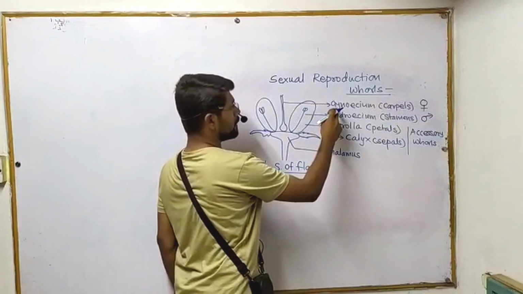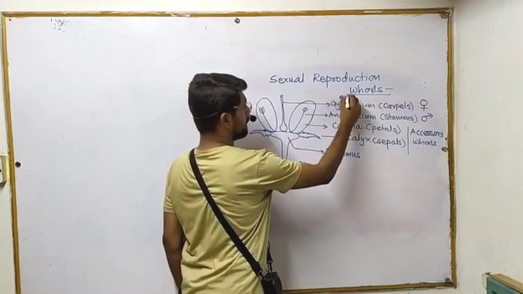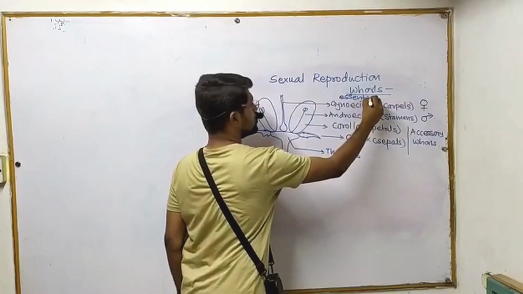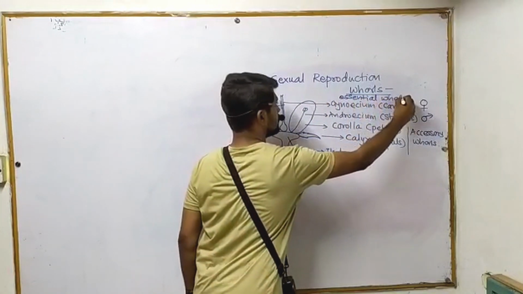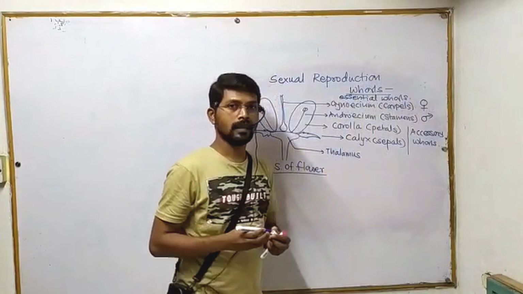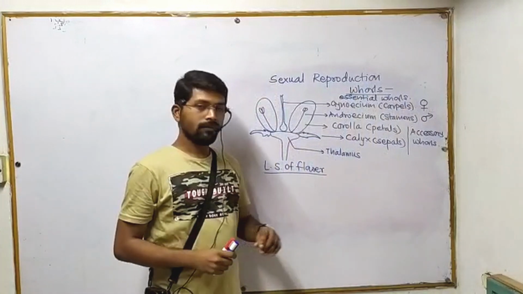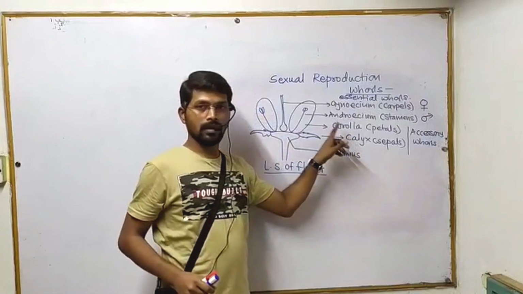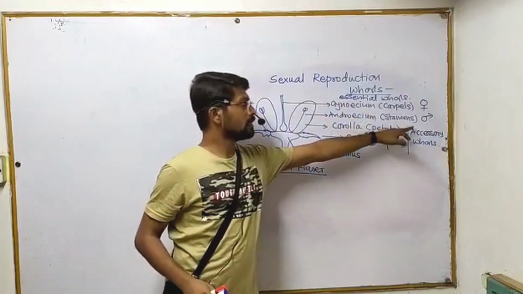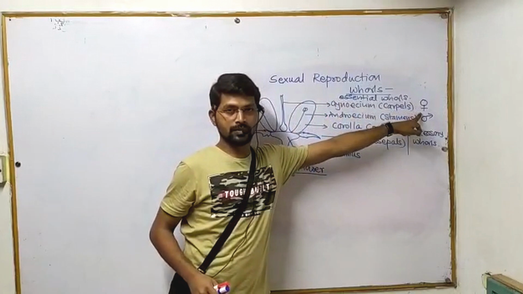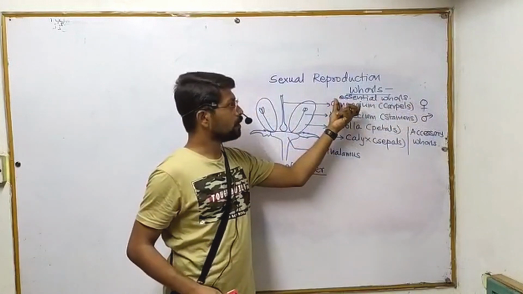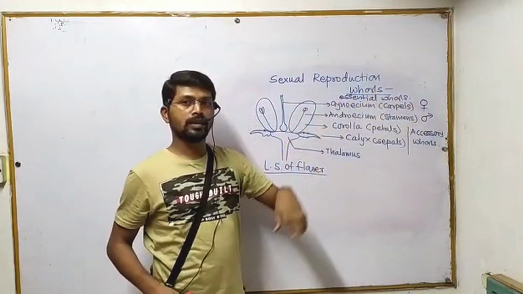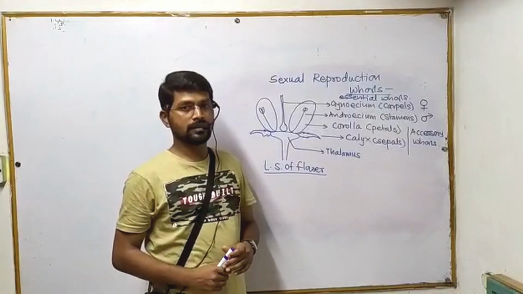So androecium and gynoecium are ideally called essential whorls. So in a typical flower, calyx and corolla are accessory whorls, and androecium and gynoecium, the male and female reproductive structures respectively, are called essential whorls. They show direct involvement in the process of sexual reproduction.